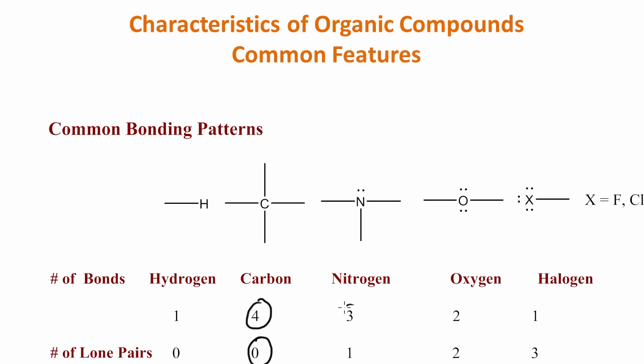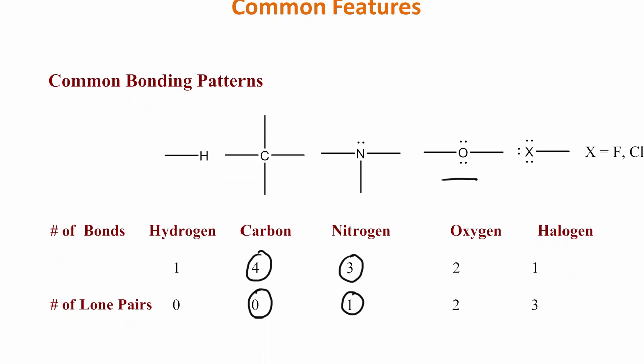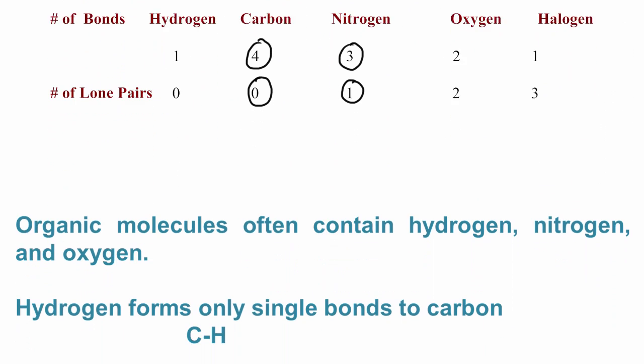Nitrogen, we know, forms 3 bonds and has 1 lone pair. Oxygen, 2 bonds and 2 lone pairs, as we see here. And then the halogens, fluorine, chlorine, bromine, and iodine, form 1 bond, and we see 3 lone pairs. Remember, we can refer to lone pairs as non-bonding electrons.